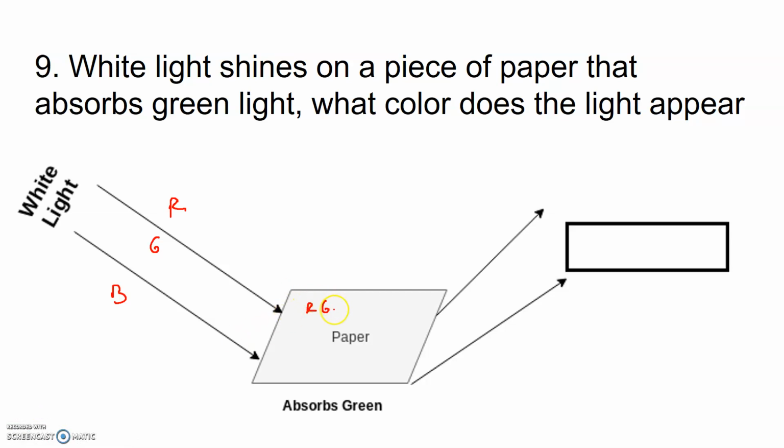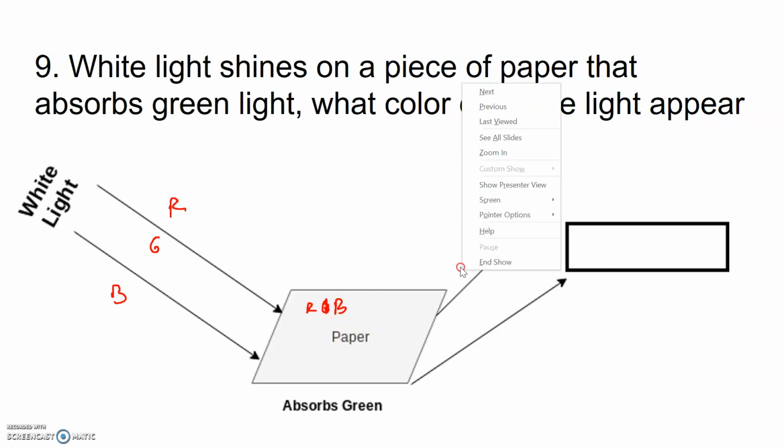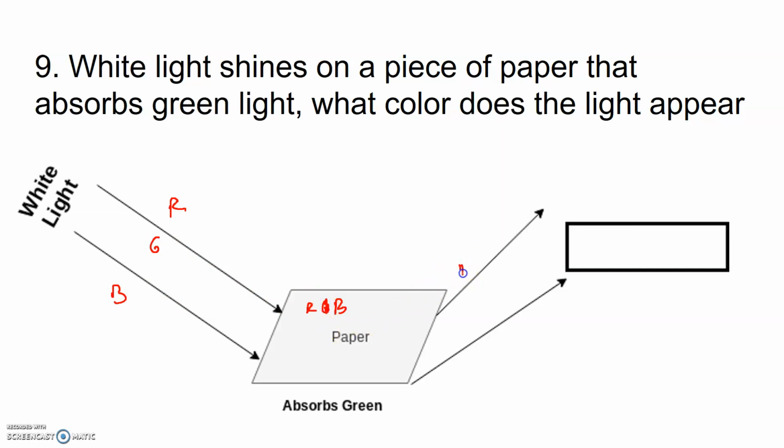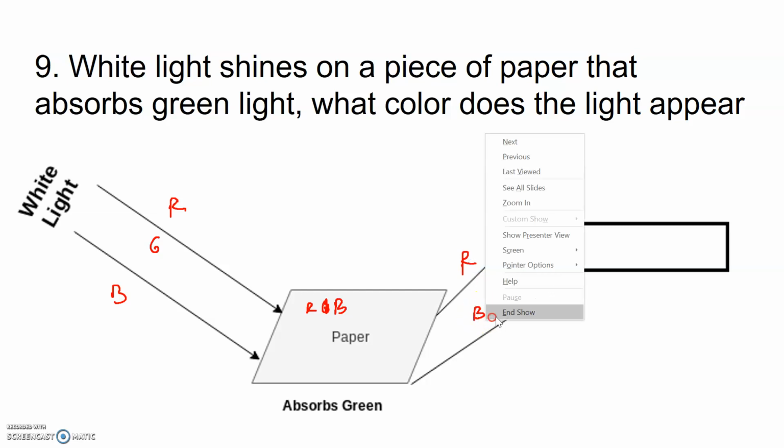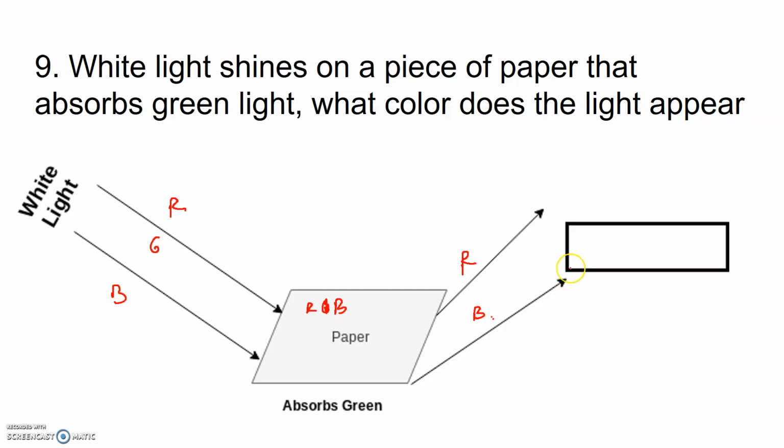So white light, red, green, blue, comes in, and you have red, green, blue. So it takes away green. So what's left is red and blue. And red and blue added together make magenta, which is our secondary color when you mix red and blue.